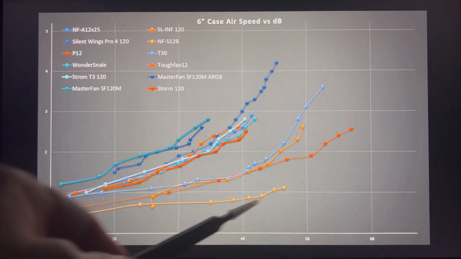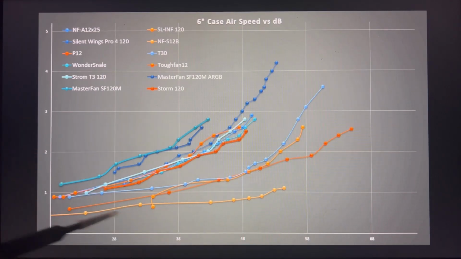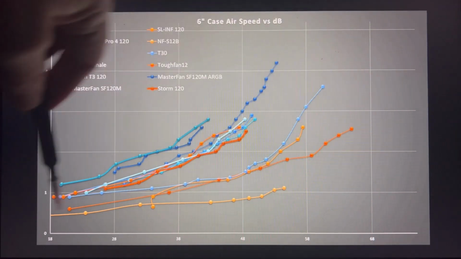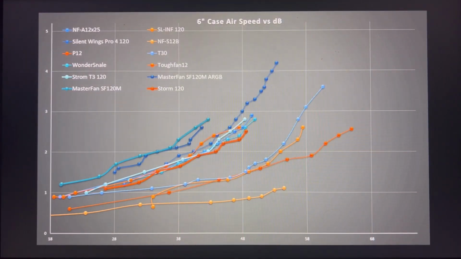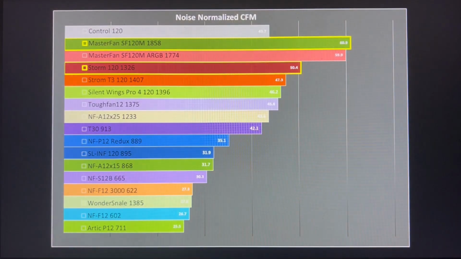And those are doing substantially better than our burst runners, which look to be the NF-S12B and fans like that. And this is the Arctic P12 in our lower grouping of fans. So overall, the Master Fan looks to be a pretty good case all-rounder, while the Storm is basically just specialized.